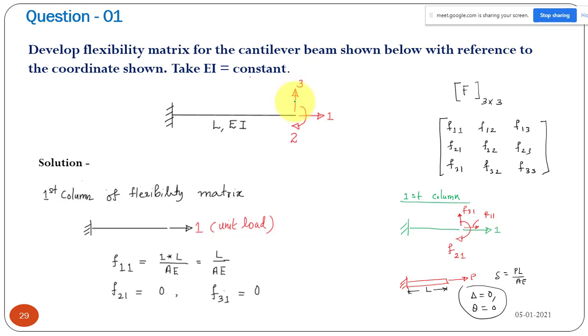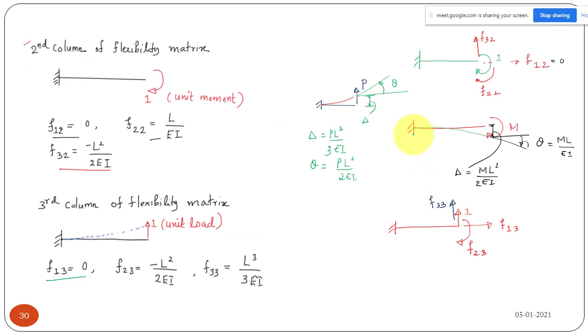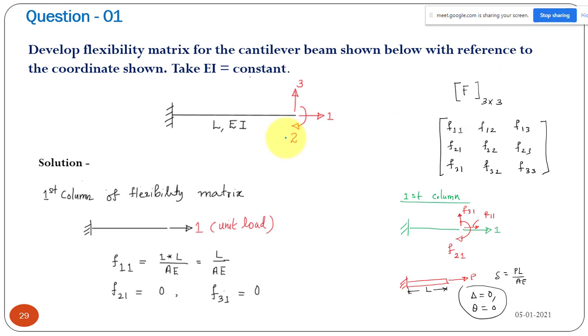So rotation you can find out, theta is PL square by 2EI, but this is not clockwise, it is anti-clockwise, because we are applying the force upward, corresponding to the given coordinate direction. So this rotation theta is anti-clockwise. That is why this term F23 will have a negative sign, because it is in the anti-clockwise direction, which is opposite of the given direction, clockwise.